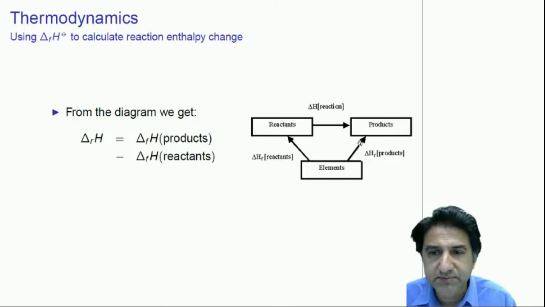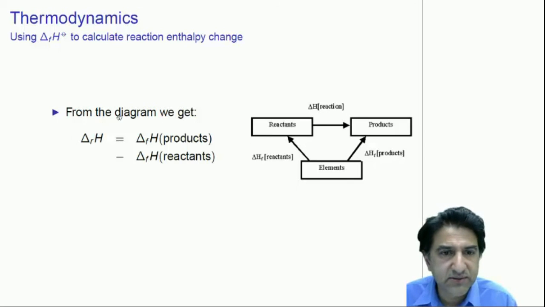We can go from the elements directly to the products, or from the elements via delta H_F of the reactants plus delta H_R to the heat of formation of the products. And if you think about this, delta H_F for the reactants plus delta H for the reaction equals delta H_F for the products. That's just this equation over here, except we have a minus sign.